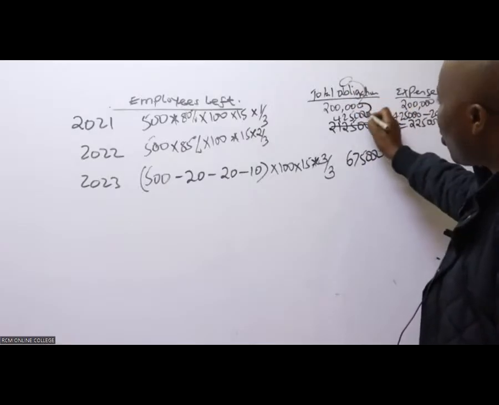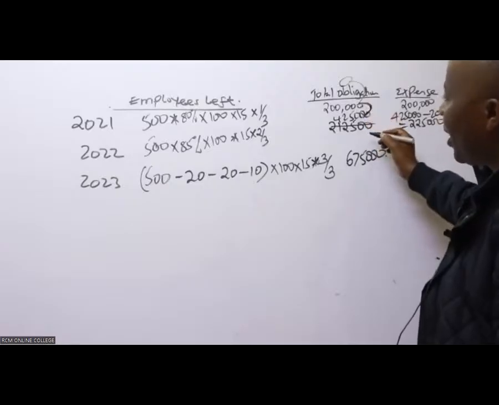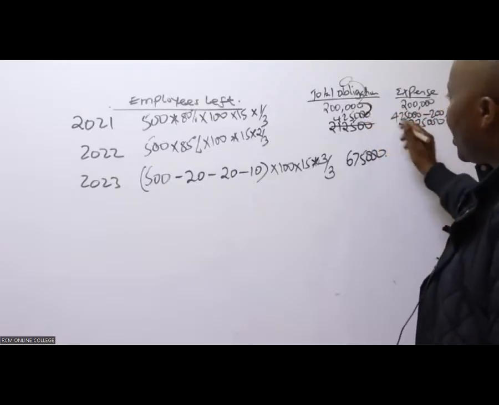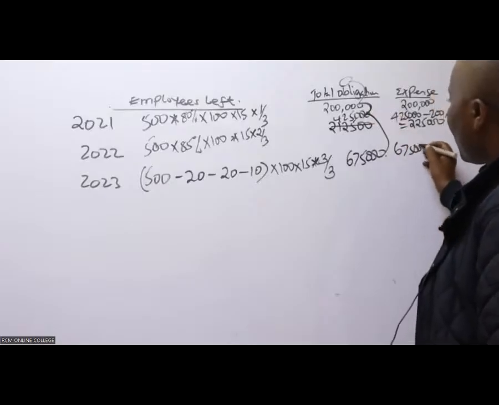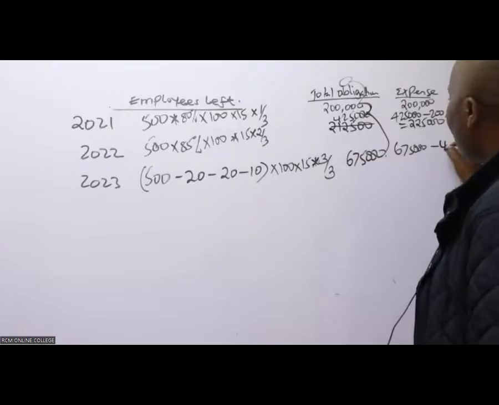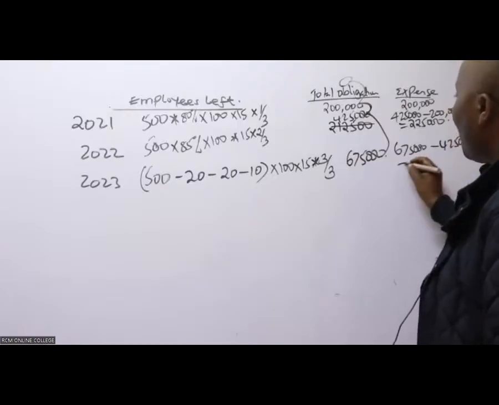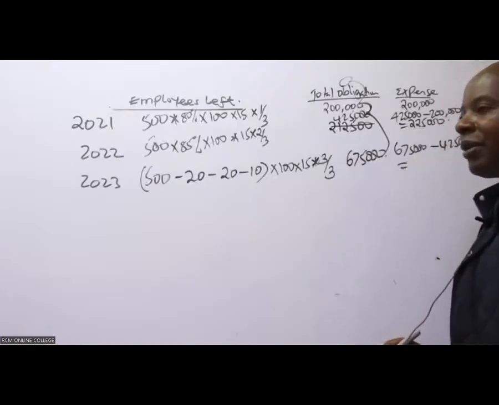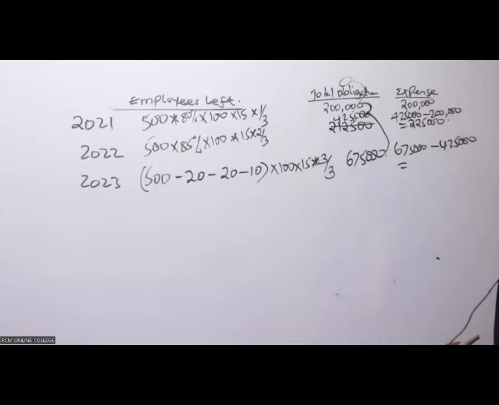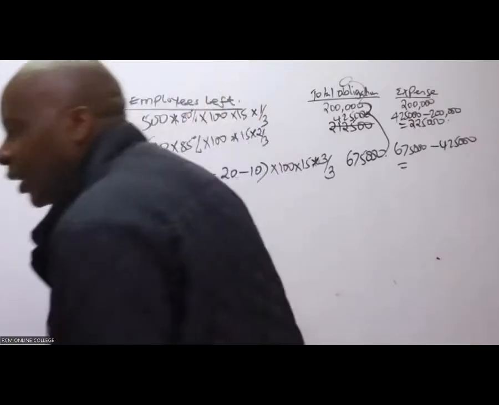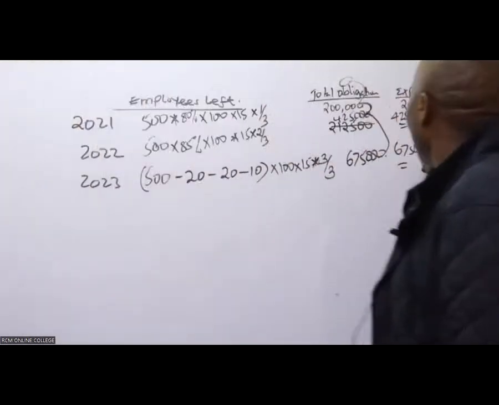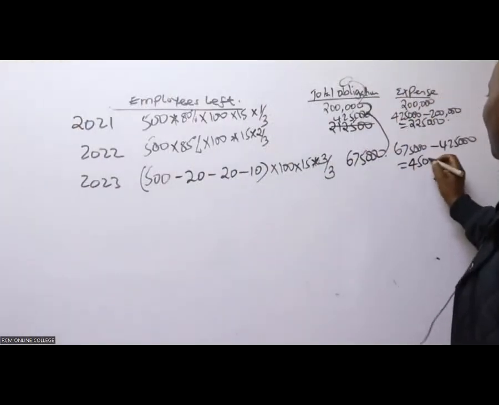The second year, you recognize this difference. The third year, you should recognize this difference, which will be 675,000 minus 425,000. So 675,000 minus 425,000 gives me what figure? 450,000. Thank you very much.